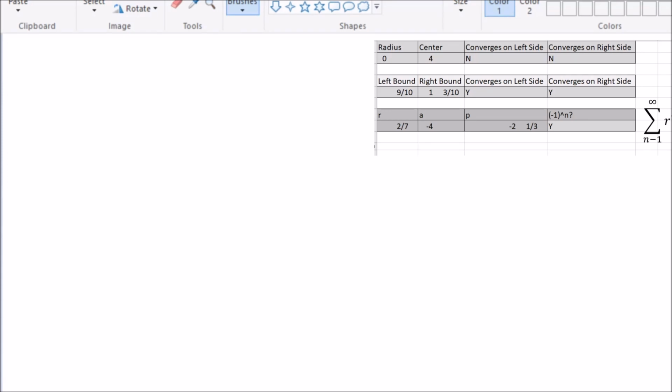Okay, so now here, r equals 2/7, a equals -4. My power of p is going to be -2 plus 1/3, which is -7/3.